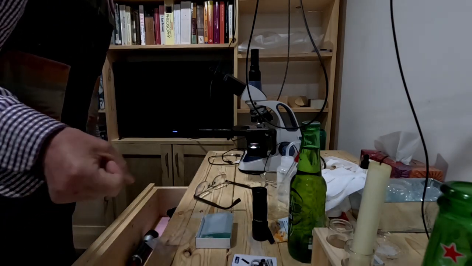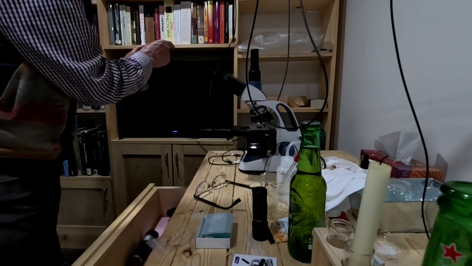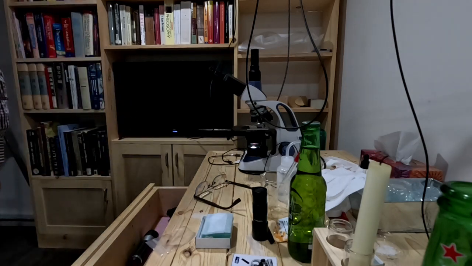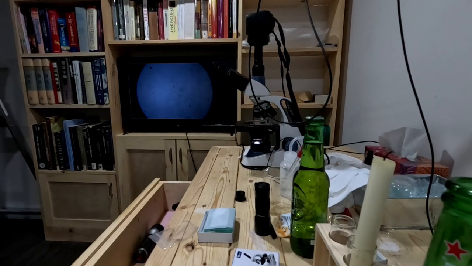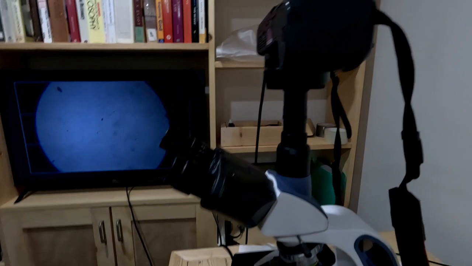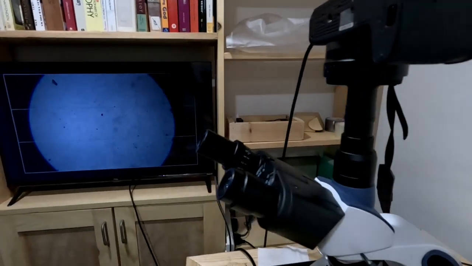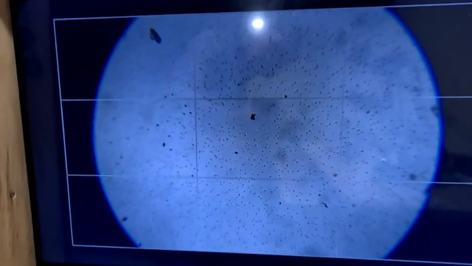Okay, I'll stop and we'll try to connect the image with the television. Okay, I have connected the microscope images with the TV, so we can see, yeah, there are some solid particles.